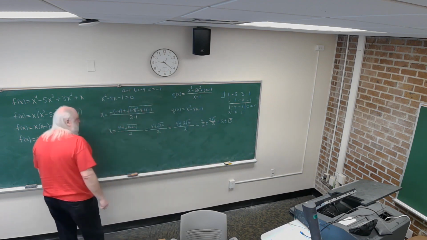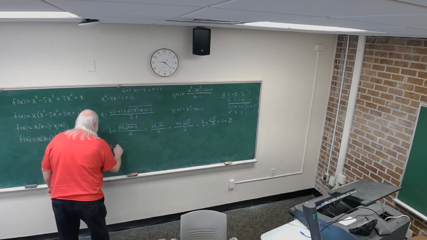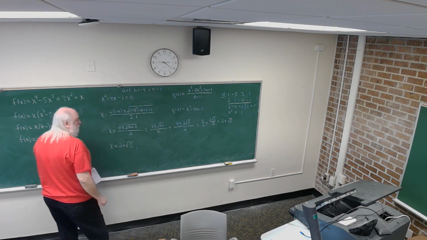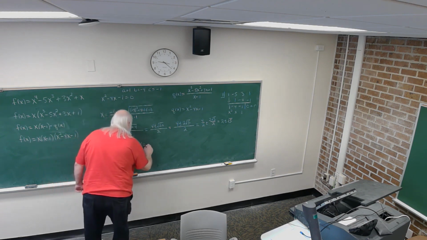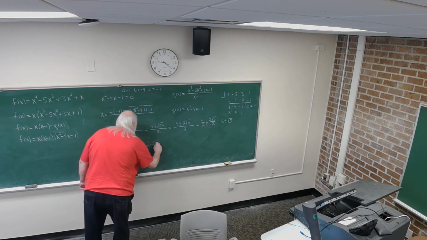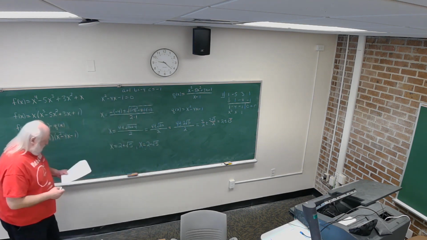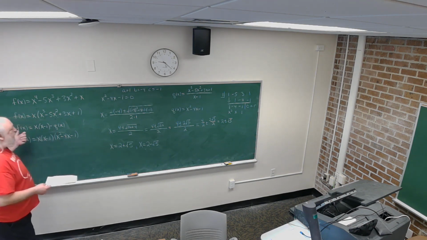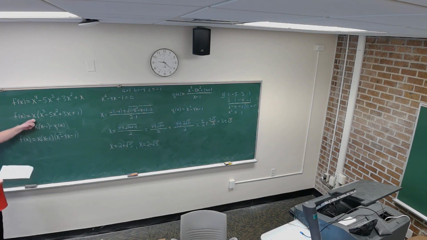So the last two zeros are x equals 2 plus the square root of 5, x equals 2 minus the square root of 5, and then we add them to the first two zeros. I guess I didn't write it out, but x equals 0 is a 0, right? F of 0 is equal to 0, right?